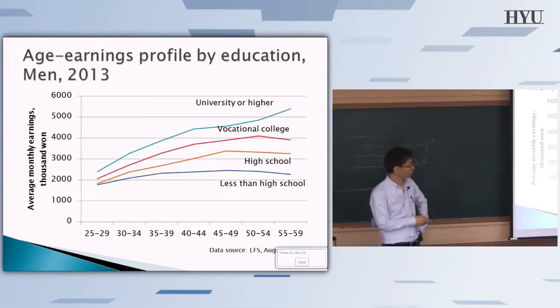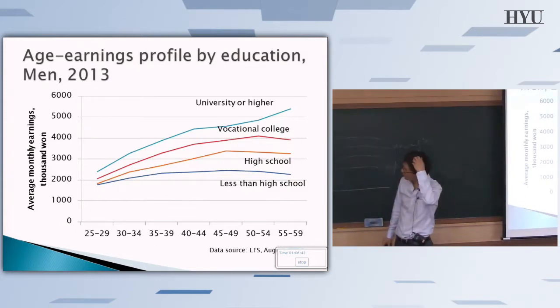The high education group. So the high education group not only starts with a higher level of human capital just after school, they invest more in their human capital. So their earnings will grow much faster than those in the lower education group.